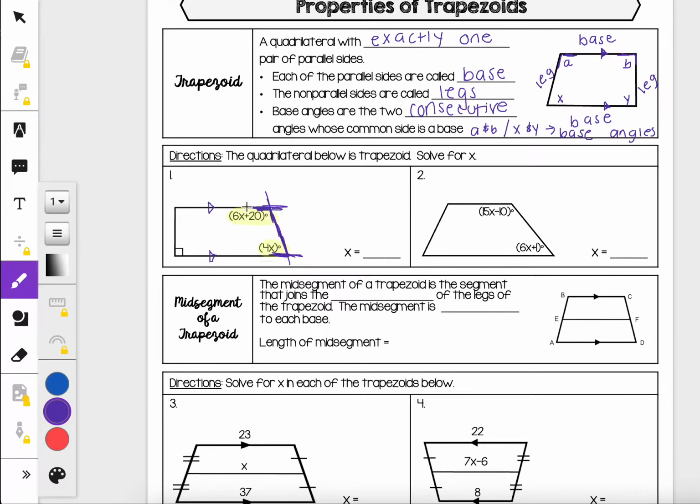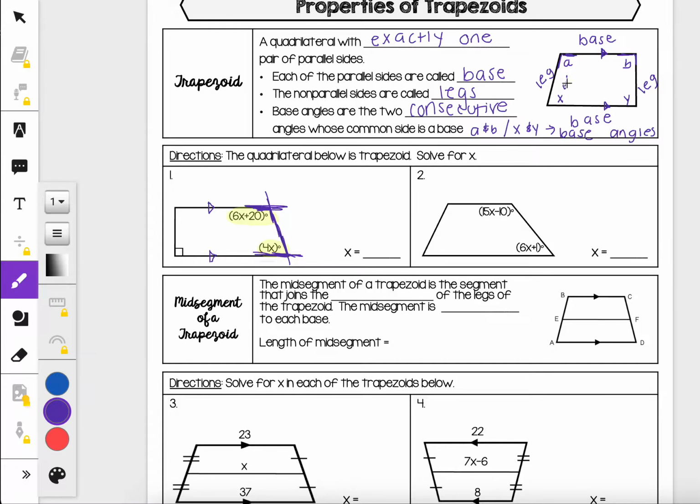Okay, so if I outline it this way, I have my two parallel sides and a transversal. So these angles that I highlighted in yellow are going to be my consecutive interior angles. And we know that consecutive interior angles are supplementary. So we can say the same thing here about our trapezoids, okay?